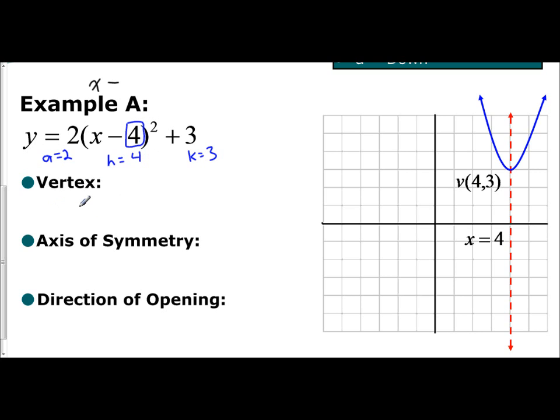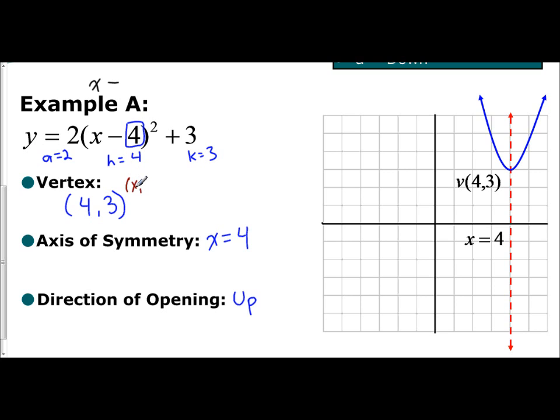That means my vertex is the coordinate (h, k), so it's the coordinate (4, 3). My axis of symmetry is x equals your h value, which is 4. My a value is positive 2, so my graph would be opening upwards. I'm just focusing on the left side of the screen. I used all of my a, h, and k values with the general setup.